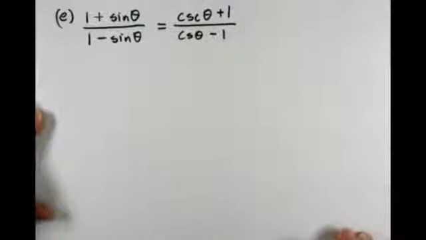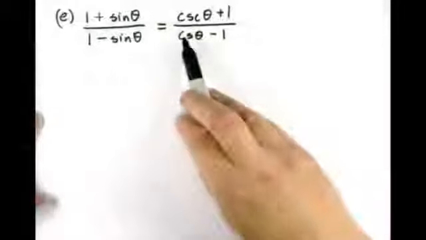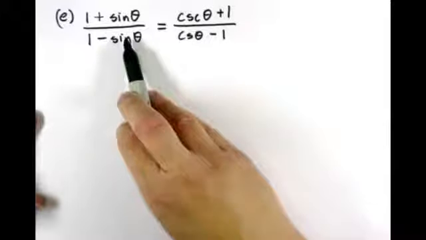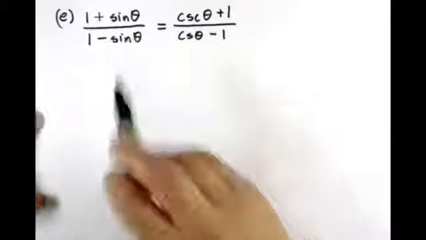In this case, it's much easier to start from the right side, because this one we can rearrange until we get to the left side. So I'm going to start with the right side.